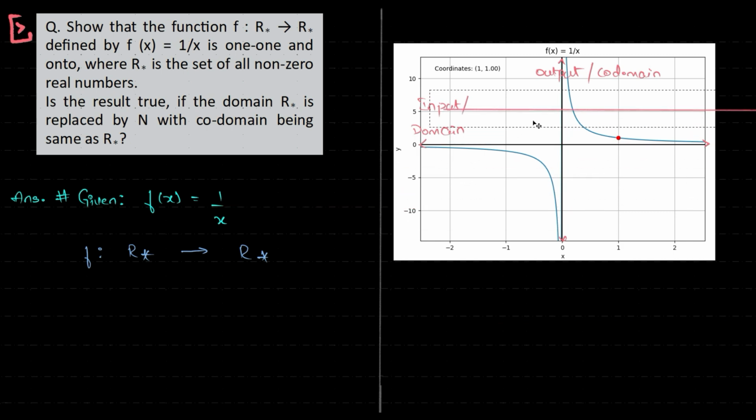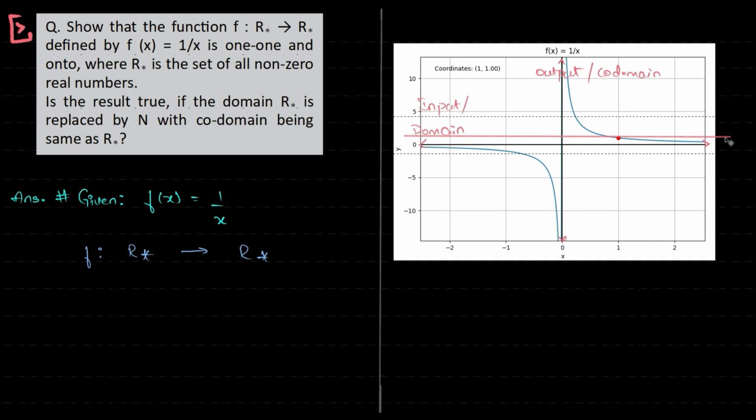Now, if I take this line across, we check if at any point this line crosses the function at two different places. For example, here it is crossing this particular red dot and nowhere else. This blue line is the function. This red line is not crossing the function other than at one particular point in this graph, right?